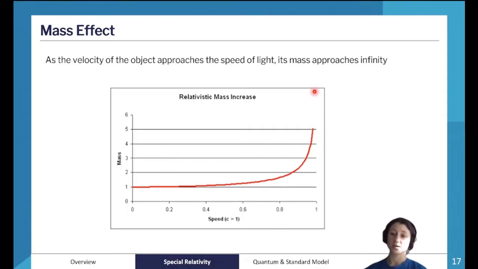So think about this as more of a knock-on effect too. If an object has more and more mass, it requires more and more effort to accelerate it. If you're trying to push a really big object, it requires a lot more force than a really small one. So you kind of need more and more energy to actually accelerate this object. And what's actually happening is that the energy you're putting in to accelerate that object is actually going into increasing its mass.